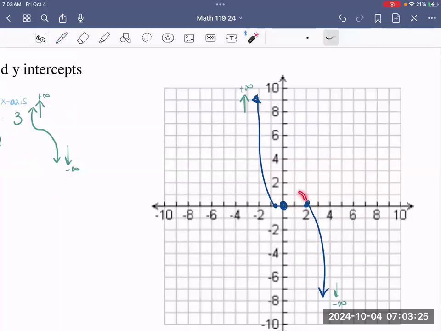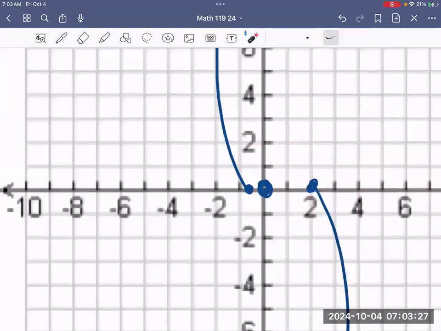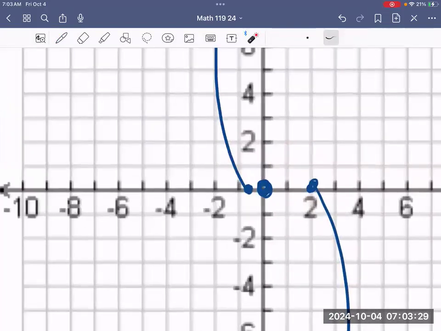Now, when it comes to some of these values here, what I would like you to get the hang of is finding your in-between values. And I'll be nice as long as I won't make you find fractions. So as long as your solution comes out nicely, notice that we have 0, 0 here and 2, 0 here. I'd like you to find an in-between value.